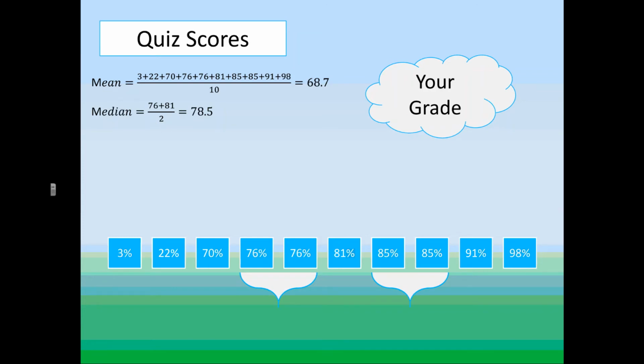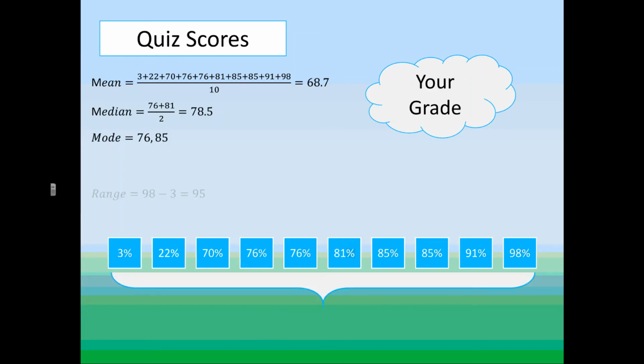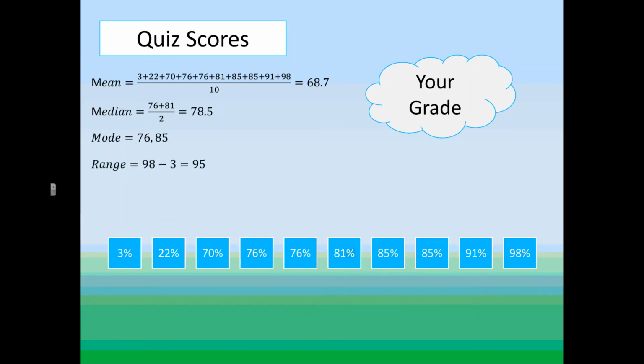Other people prefer to look at the mode, or what happens the most. Most of the time, you either get an 85 or a 76. At least that's what repeats. So mode is the most popular. And then we have the range. Mean, median, mode, and range are frequently what we discuss when we're talking about very basic parameters.